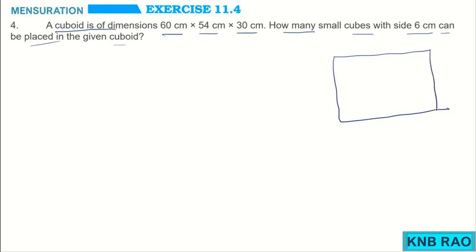You have a cuboid. In that cuboid, you are packing cubes. Remember, it is something related to the packing. When you are packing inside of a cuboid, you need to place them, cubes, inside. When you are placing, how many can you find such?